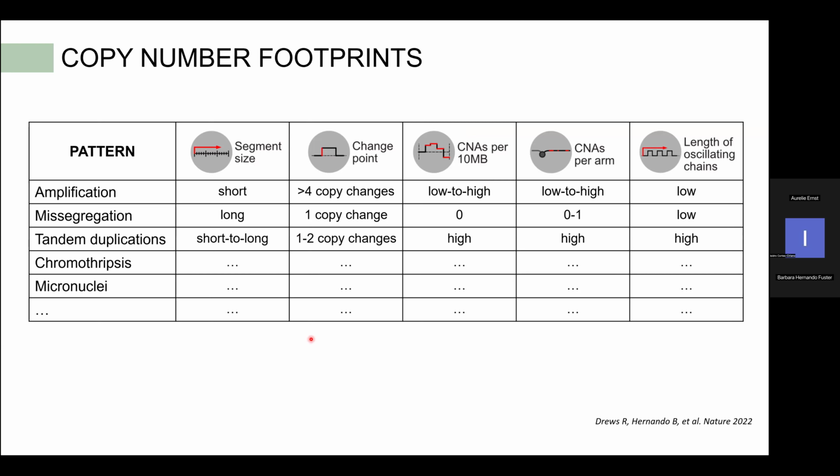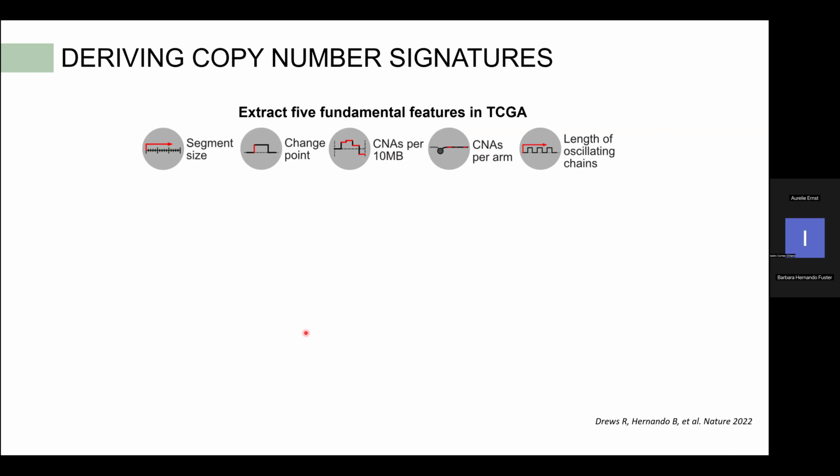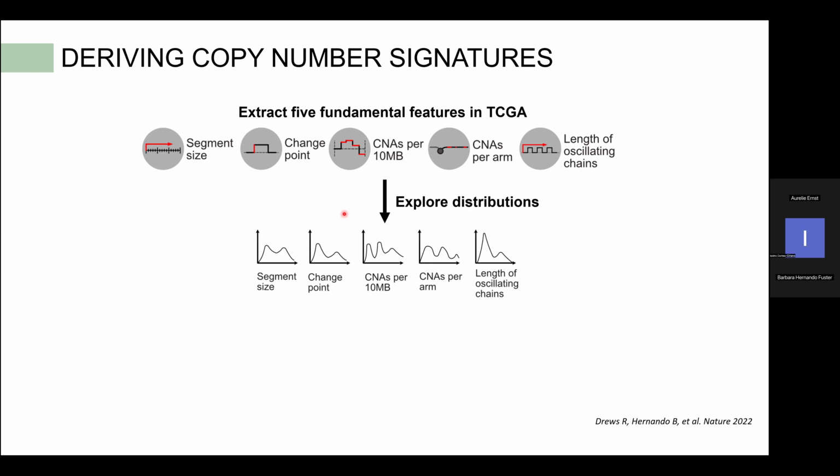Then we used these features to extract the information from the TCGA, the cohort that we use as a reference. So we extracted these 5 fundamental features in the TCGA. The first thing that we did was to explore the distributions of those features in the cohort, in terms of segment size and so on for the 5 features.